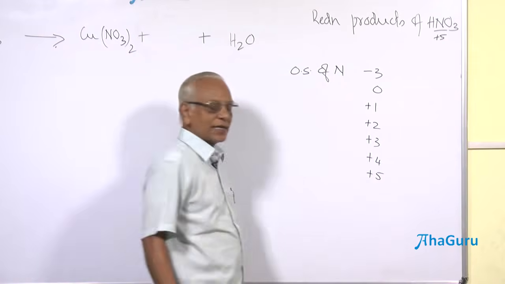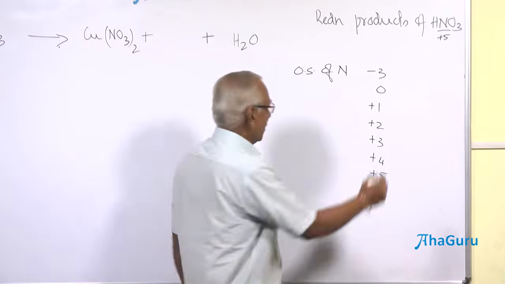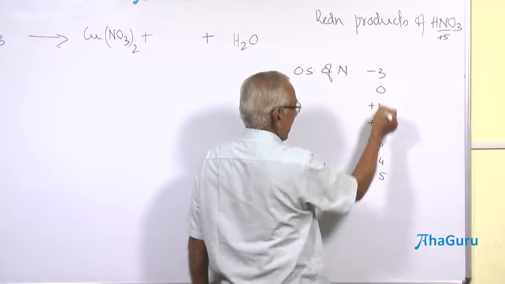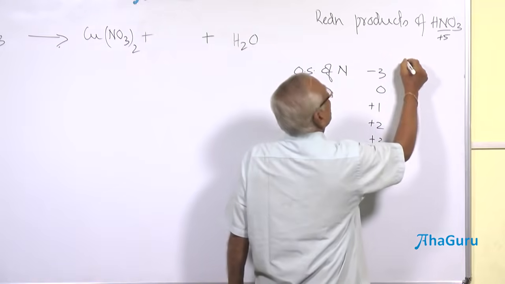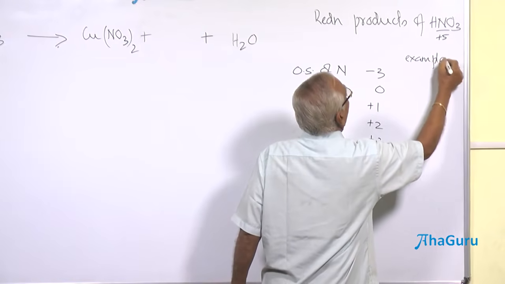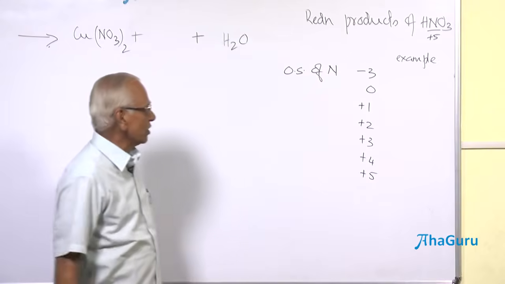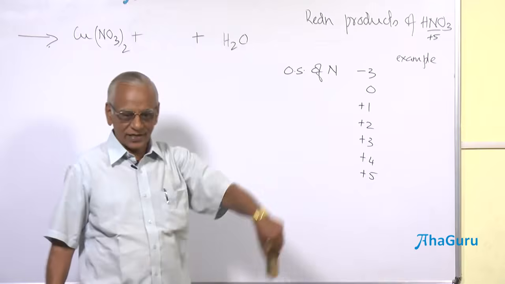Nitrogen is one element that exhibits a variety of oxidation states. Now, the lowest is going to be minus 3, the highest is going to be plus 5. Shall we write a few examples? Can anyone give me an example of a compound of nitrogen whose oxidation state is minus 3?